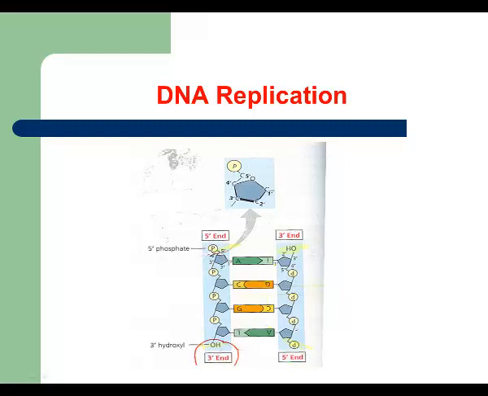That's why we say that the new growing strand will always grow from 5' to 3' direction, because DNA polymerase 3 builds up the new strand moving from 5' to 3' direction.